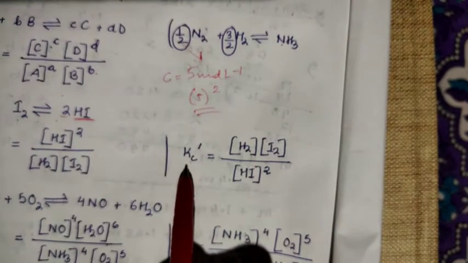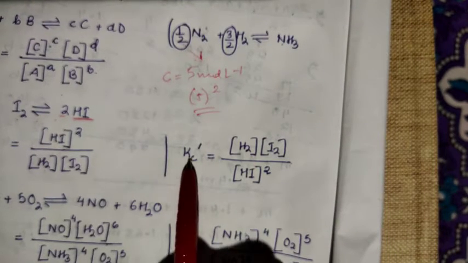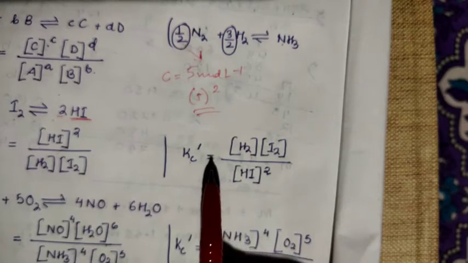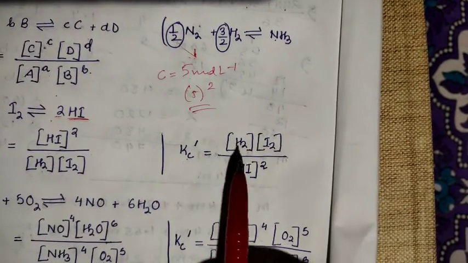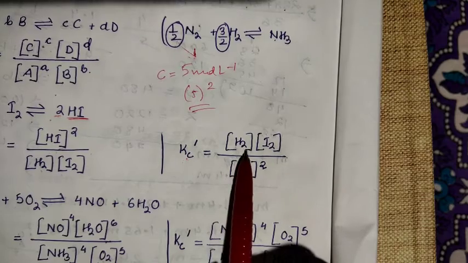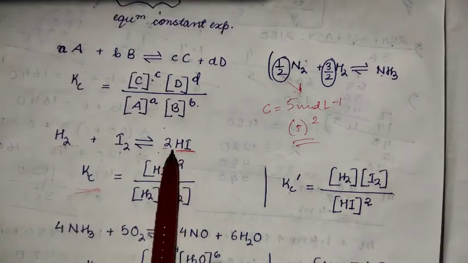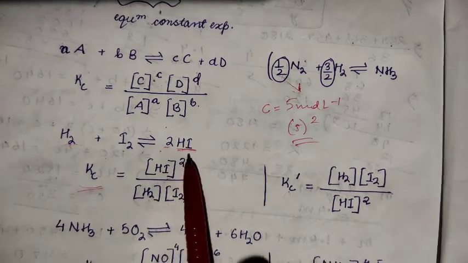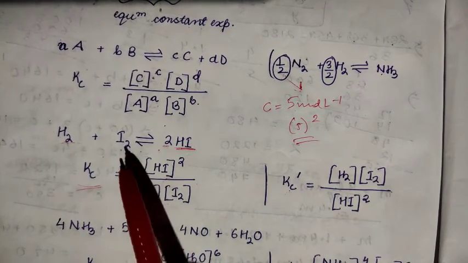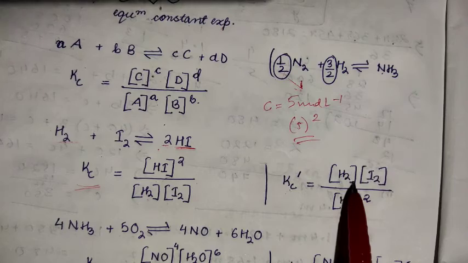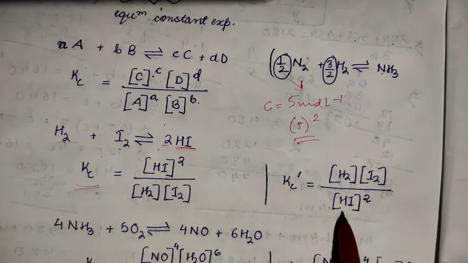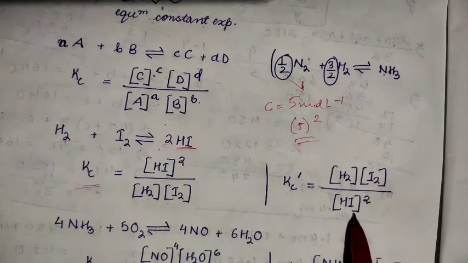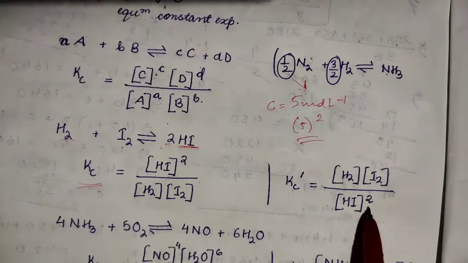So let us consider that this equilibrium constant is expressed as Kc dash, which is equal to the concentration of H2 into I2 in the numerator, because in the backward reaction these are the products, and below will be the concentration of the reactant, HI, and the 2 becomes the power.